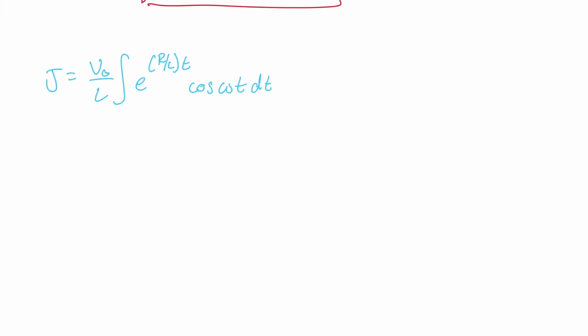So we're going to have the real part of V naught over L times the integral of e to the (R/L)t, and now cosine omega t is the real part of e to the i omega t dt.